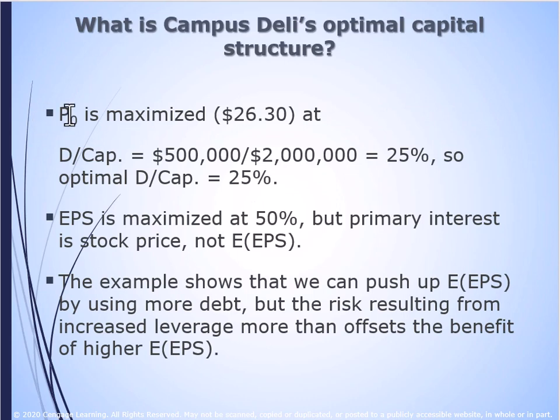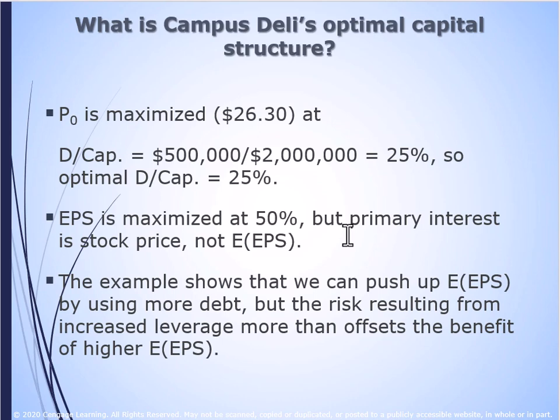So price is maximized at $26.30. That's at a 25% debt capital ratio. Earnings per share is maximized at 50%. But remember, the question here is what happens to price if we change the debt structure, right?